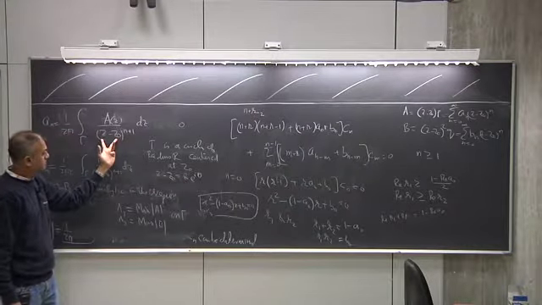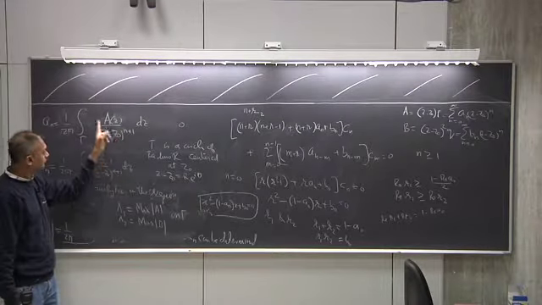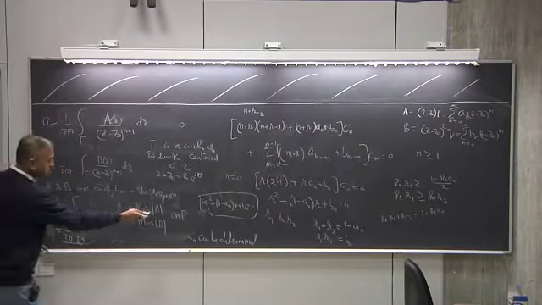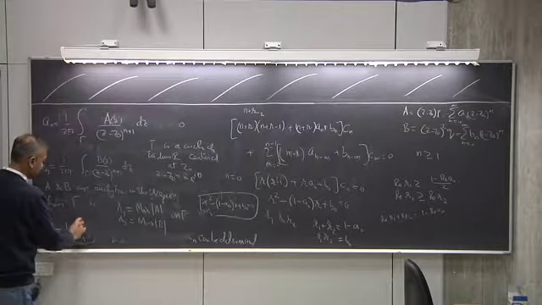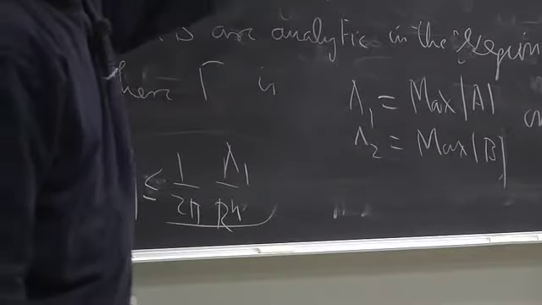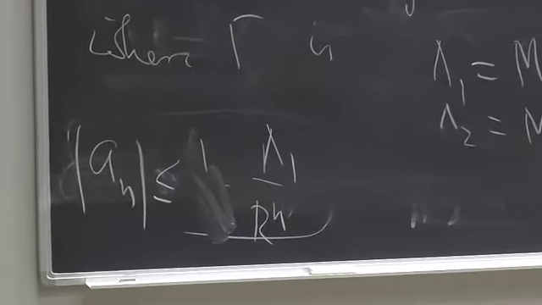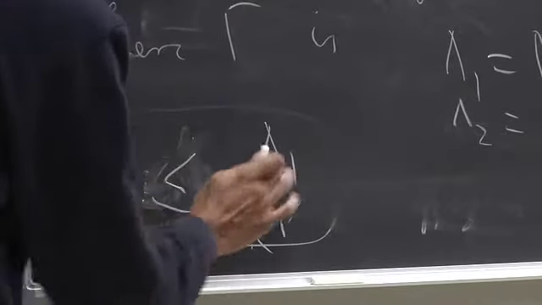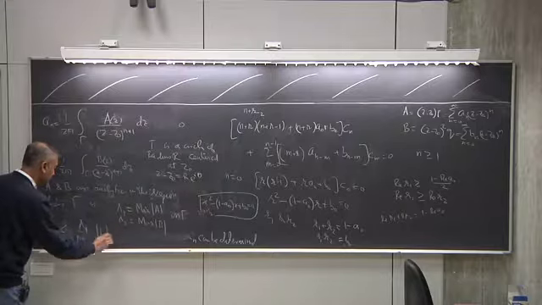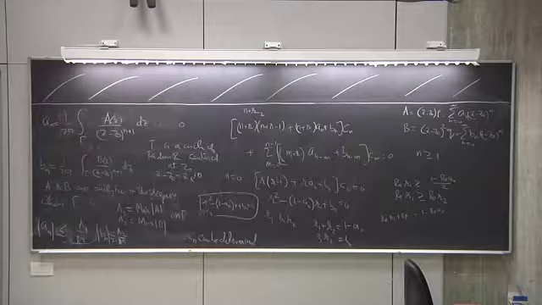There is r to the n plus 1 from here, but from the change in the measure you get an r, so you get 1 over r to the n. Max of A is lambda 1, so this is less than or equal to lambda 1 times the integral of d theta, which is 2 pi. So 2 pi cancels. That's the estimate: an upper bound for a n, and similarly for bn, the upper bound on the absolute value of bn is lambda 2 over r to the n. That's the first thing.